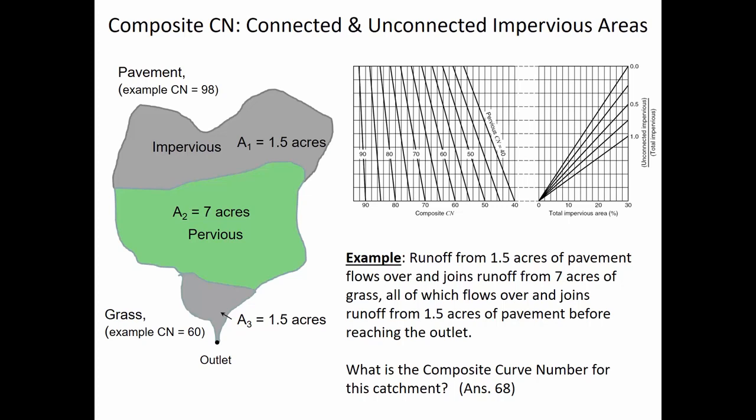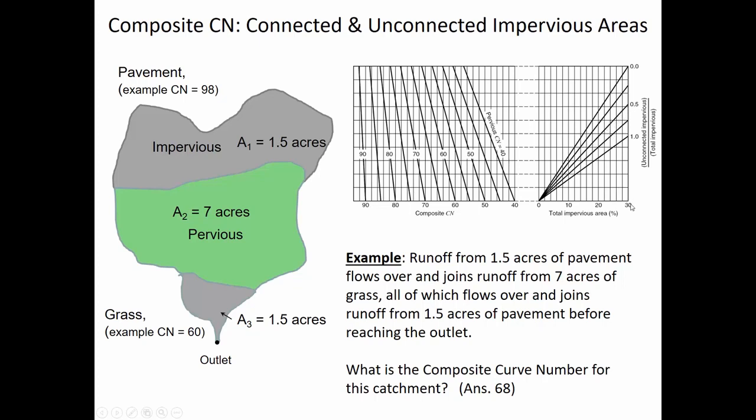And that's where, on this right curve, where it's saying the ratio of unconnected to total for the impervious. So we have 3 acres of total impervious area, and 1.5 of it is unconnected. So that means 1.5 divided by 3, this 0.5 curve is what we would use.